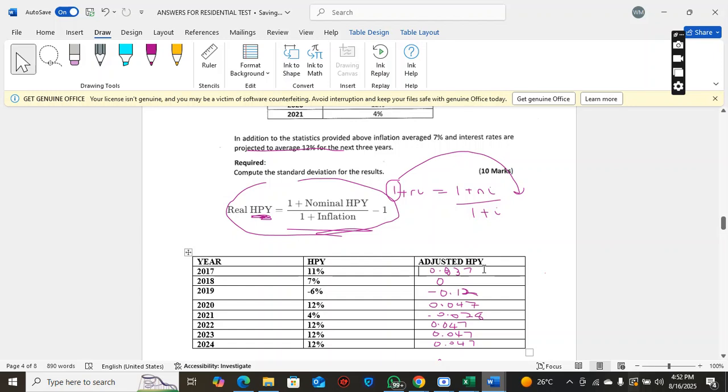Let me actually put these as numbers and take this to Excel.